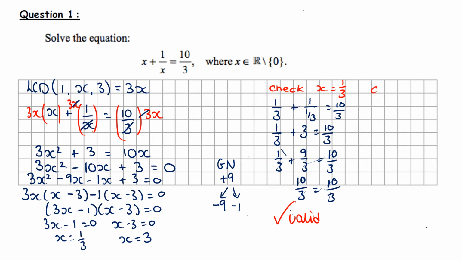The second one we want to check is x equals 3. So we get 3 plus a third equals, sorry, equals 10 over 3.